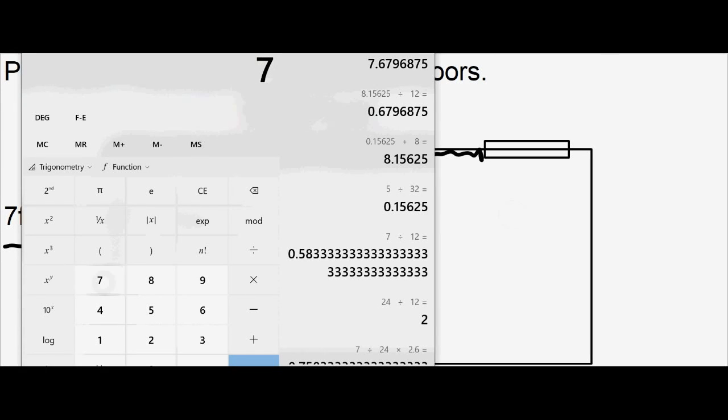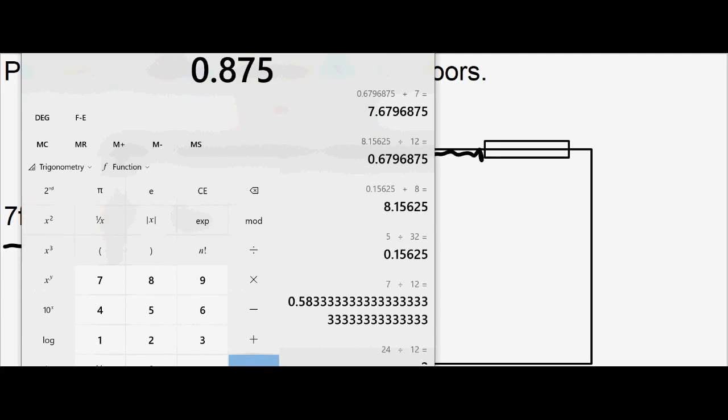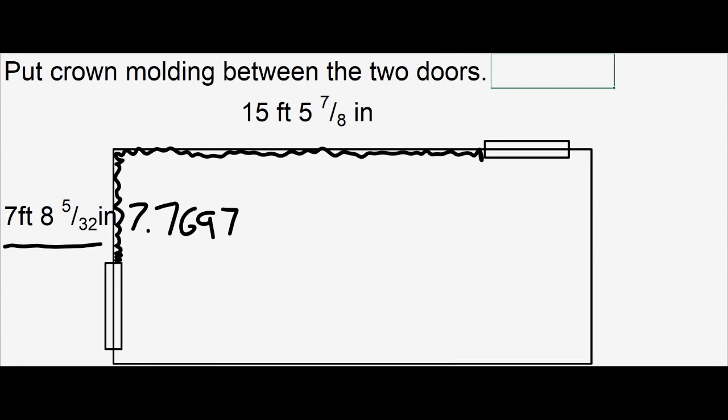So I'm going to do 7 divided by 8. And that gives me the decimal number of inches that's equivalent to 7/8. I add the 5.